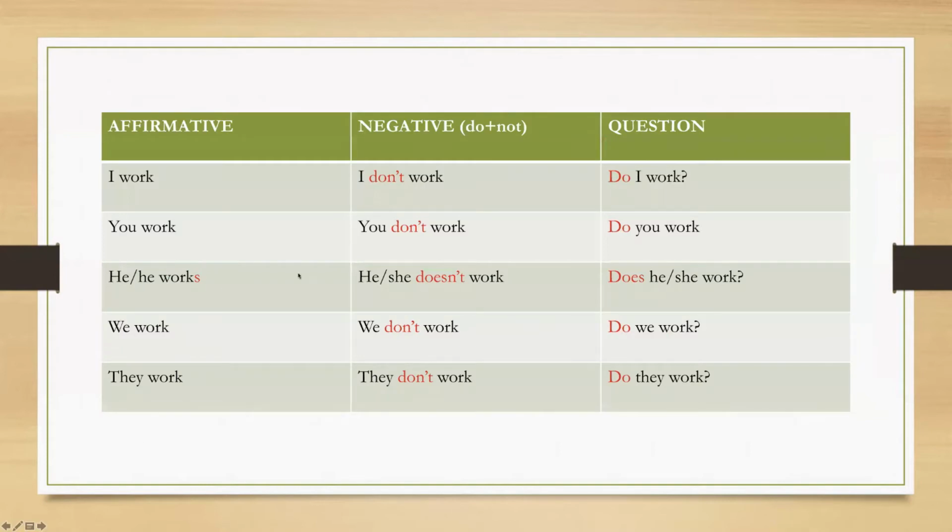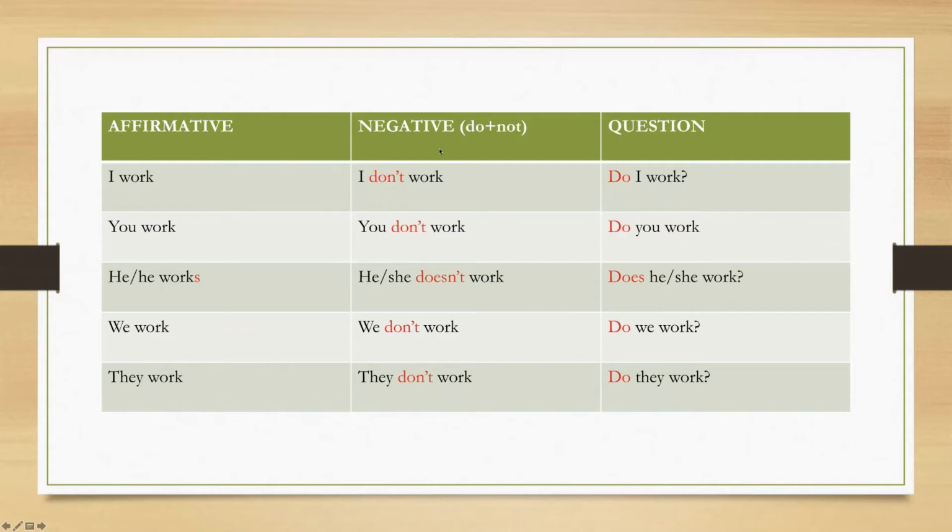So here we have illustrated the formulation of the present simple with the verb work. Affirmative sentence: I work, you work, he, she works. Here should be she, there is a mistake. We work, they work.